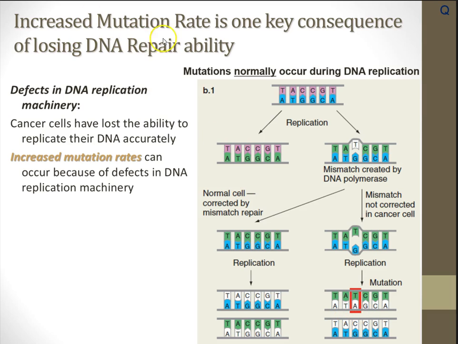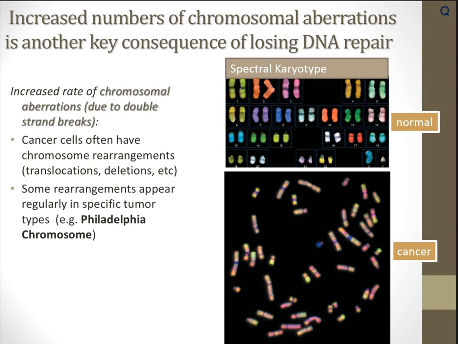When we say increased mutation rates, basically what we're saying is that we see an increase in these types of mutations that occur normally during replication. If you couple this with environmental exposures to mutagens, people who have a reduced functionality of DNA repair need to protect their DNA, as I say, by limiting their exposures to certain mutagens.